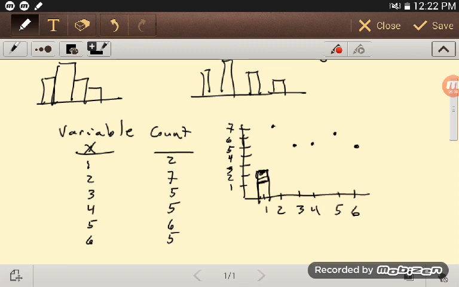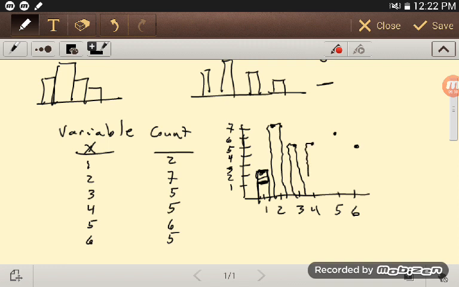I would have 2 blocks piled there, and here I would have these 7 blocks. Because these variables can only take on 1, 2, 3, 4, 5, or 6, I separate them and give a little space in between.